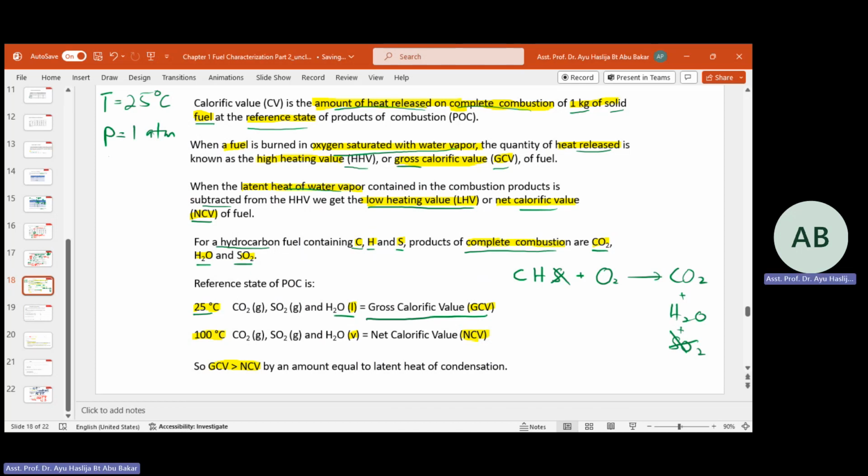But at 100 degrees C, when the H2O is in vapor phase, that is NCV. Because when we heat the water, it still releases heat converting from liquid to steam. So that heat in between, we subtract from the gross, then we get the NCV.